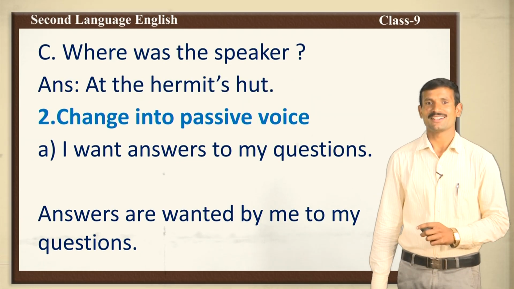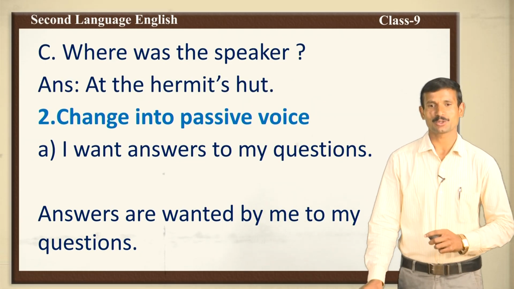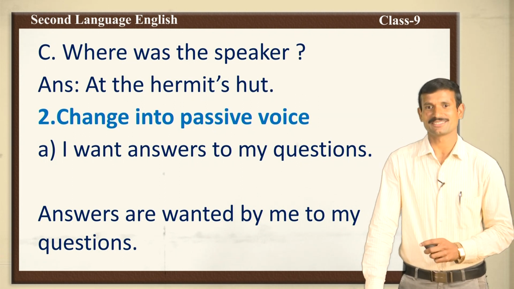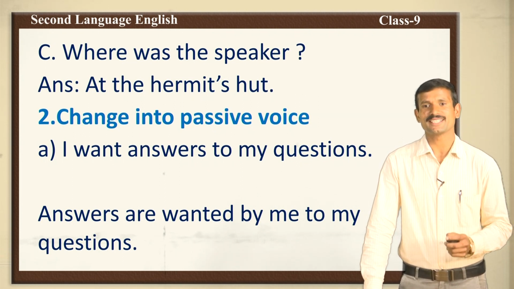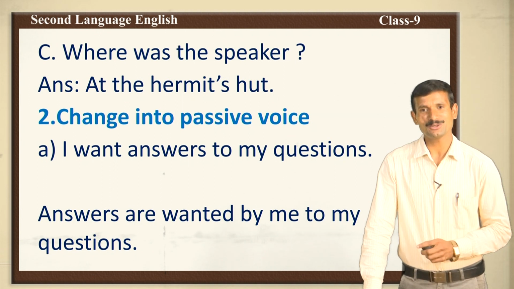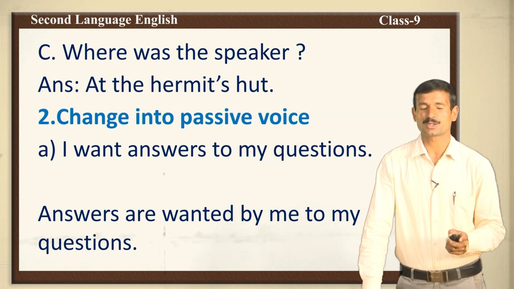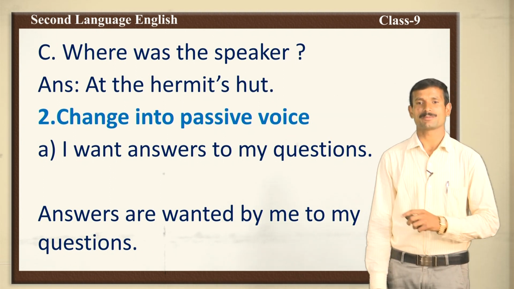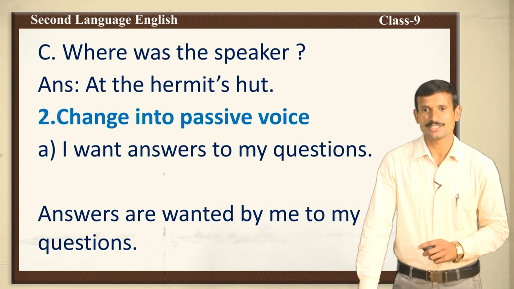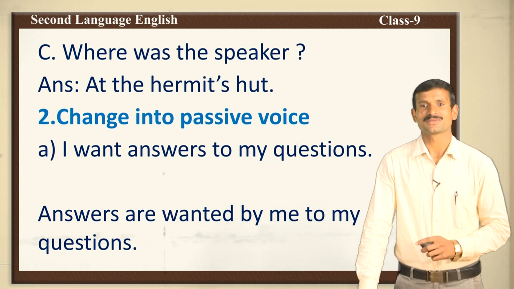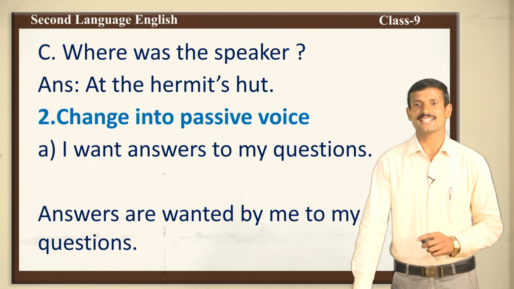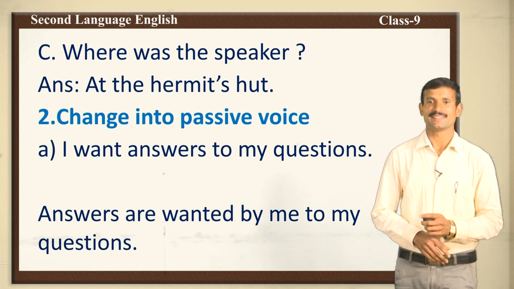Answers is a plural noun, so we should use are. Answers are wanted by. I changes into me when the pronoun I comes to the object place. Answers are wanted by me to my questions.